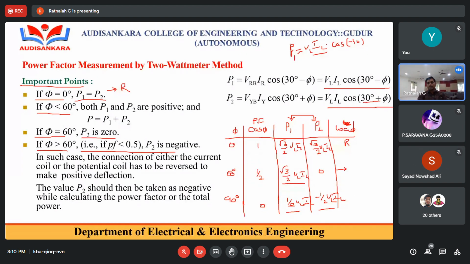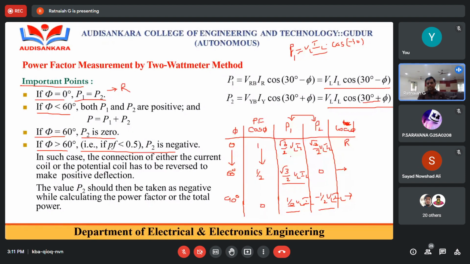While increasing the phase angle from 0 to 60 degrees, the power factor decreases from 1 to 0.5.